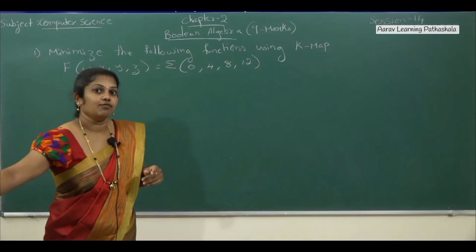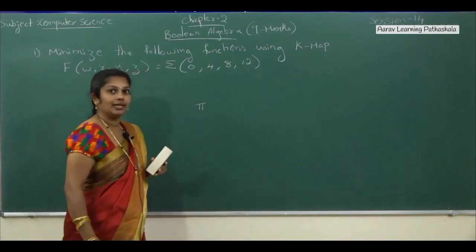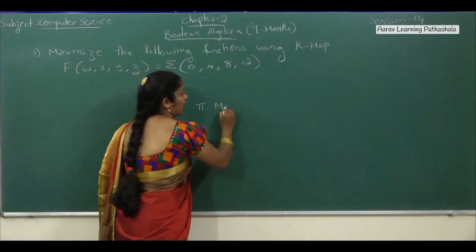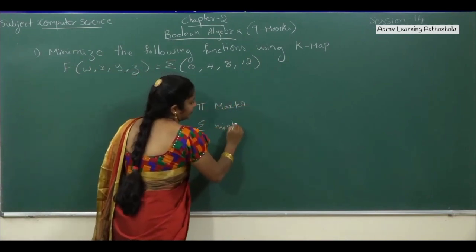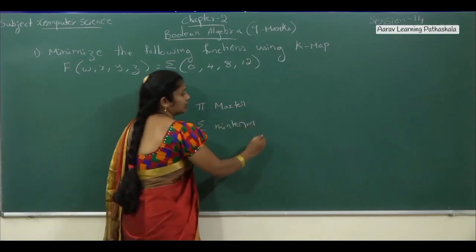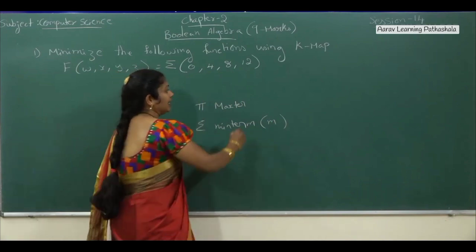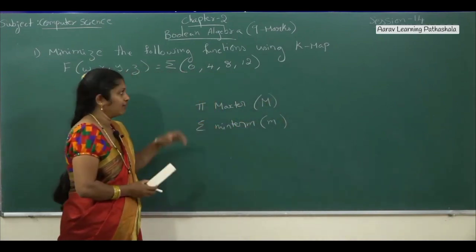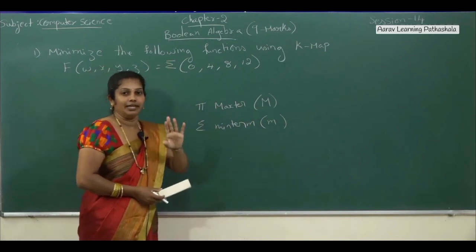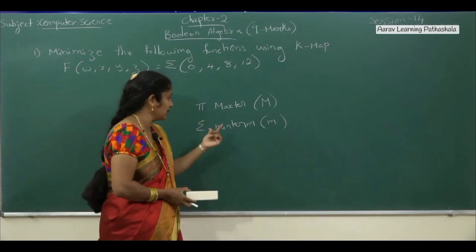If in the question they mention pi, then it is Maxterm format. If it is sigma, it is Minterm. Also if small m is written, then it is Minterm. If capital is written, then it is Maxterm. You have to identify in the question whether it is in Minterm form or Maxterm form, which determines the format in which we solve the equation.